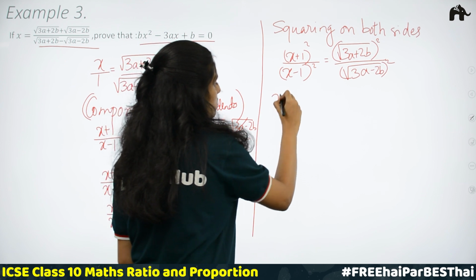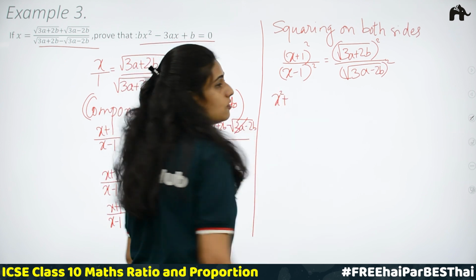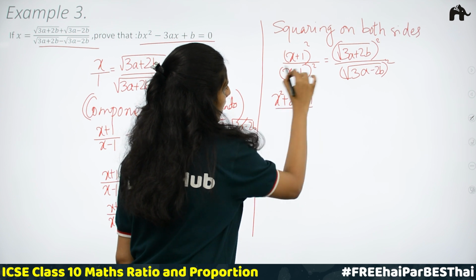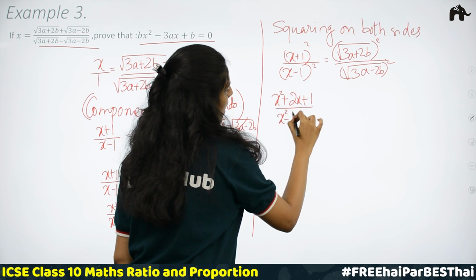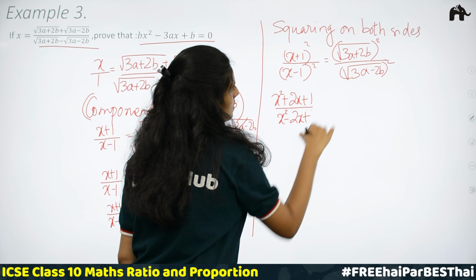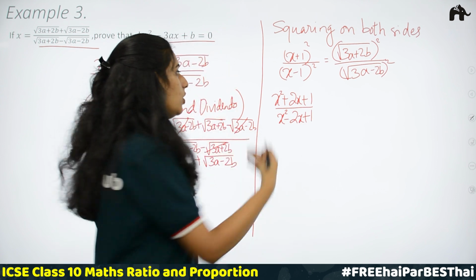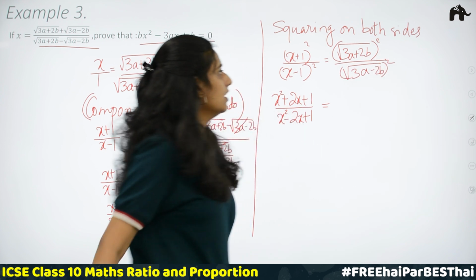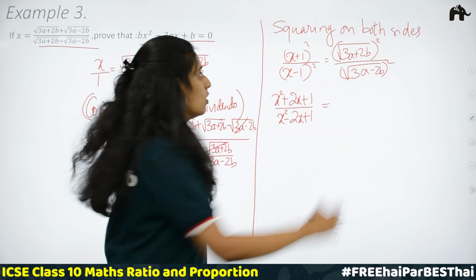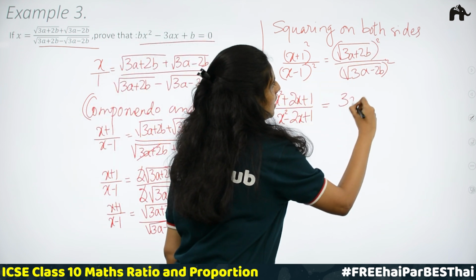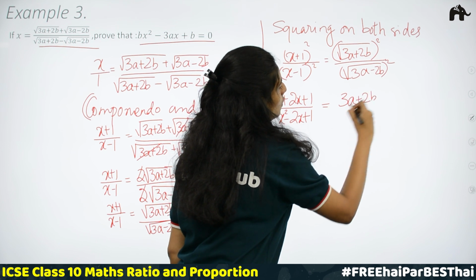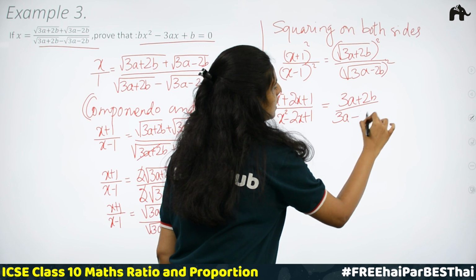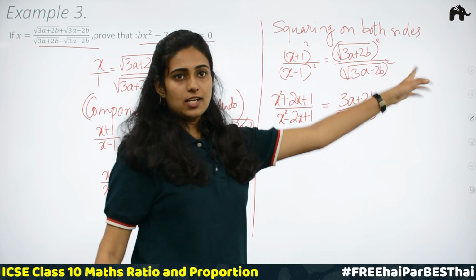That is x square plus 2 into 1 into x, 2x plus 1, divided by x square minus 2x plus 1. (a minus b) whole square is equal to a square minus 2ab plus b square. What about this side? Here we have a root and a square. Root and square can be removed. That is (3a plus 2b) divided by (3a minus 2b). Removing the root and square.